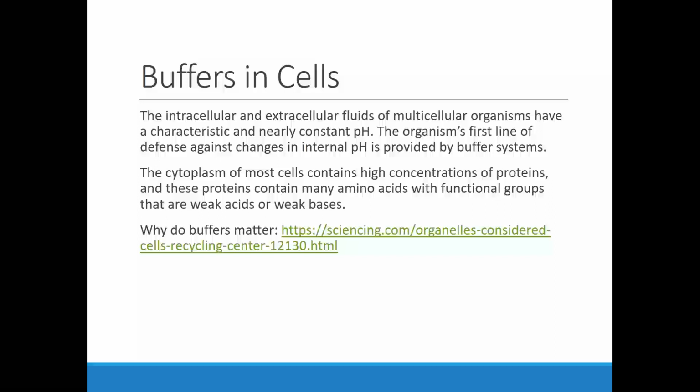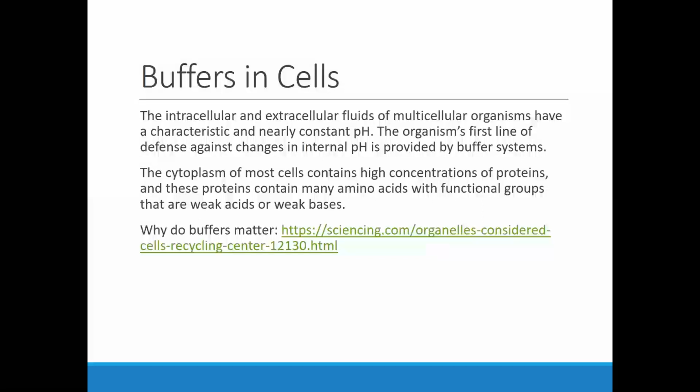Again, buffers themselves are very important, as noted previously. There are tons of proteins with certain amino acids in their functional groups that are weak acids and weak bases.